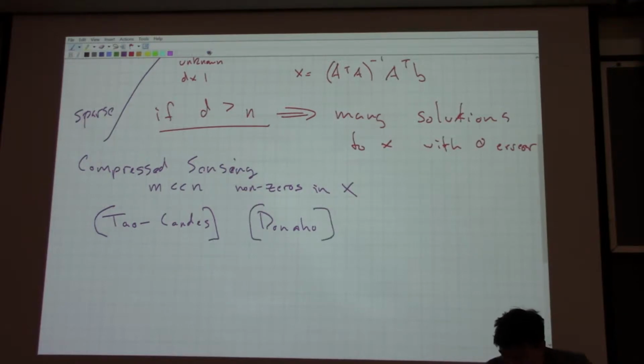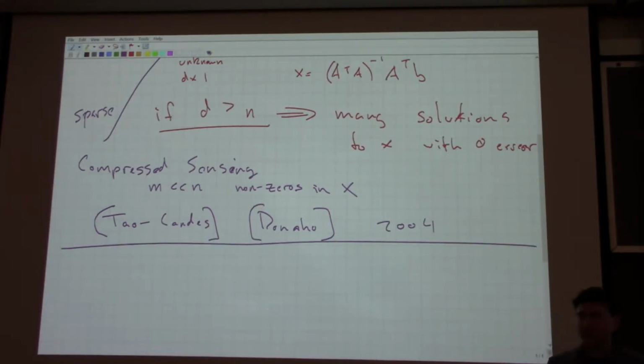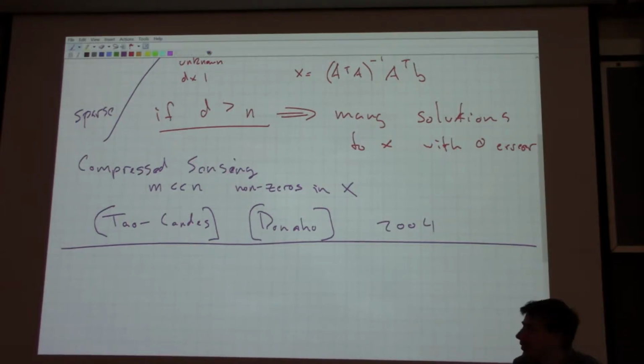this happened around 2004. These compressed sensing techniques came out, and so let me rewrite the system in a way that matches the notes. This mainly came out of the world of signal processing and statistics.